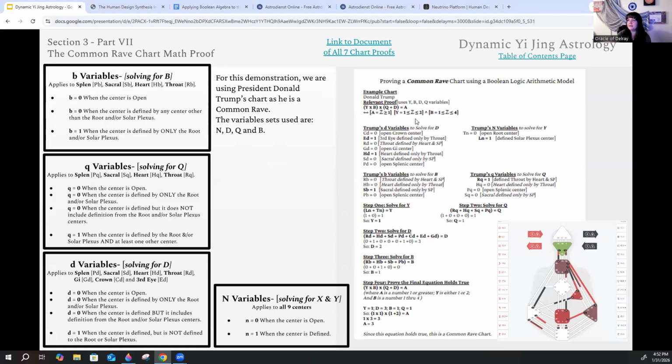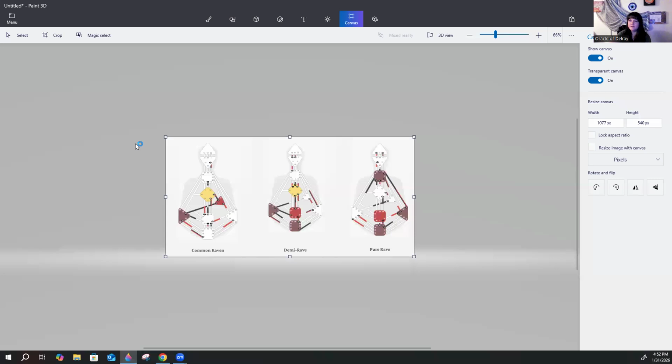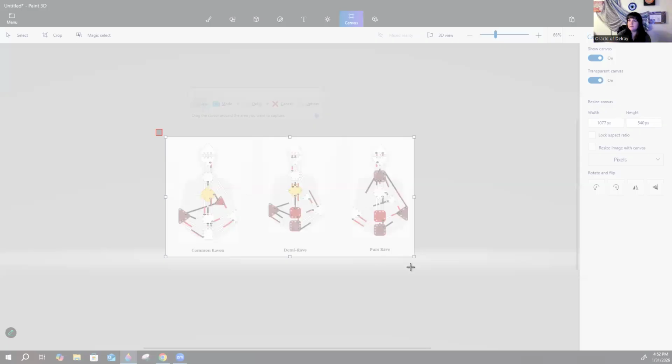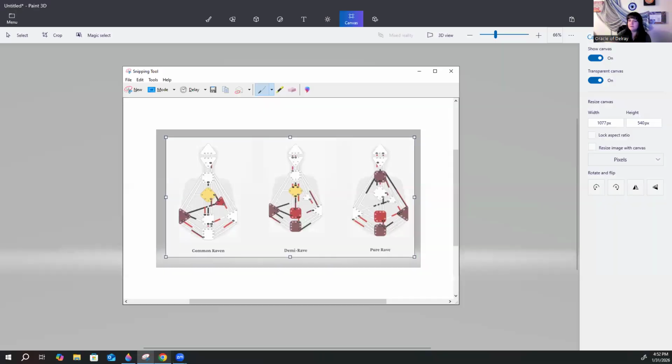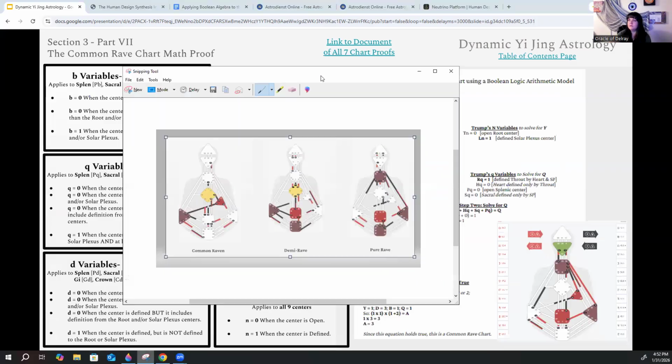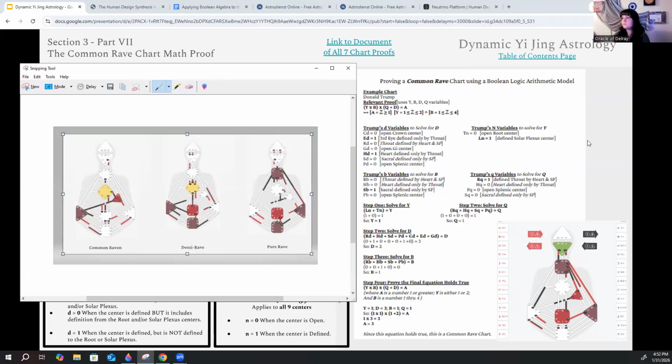This is a common rave chart. This is President Trump's chart. So you want A to be a positive integer greater than 1.